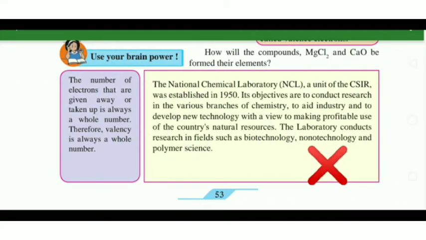Also on page number 53, as you can see this yellow box, National Chemical Laboratory, that also has been removed from our portion, so we are not going to study that also. But here is one question for you. Use your brain power. How will the compounds MgCl2 and CaO be formed from their elements? This is homework for you. Try to solve it.